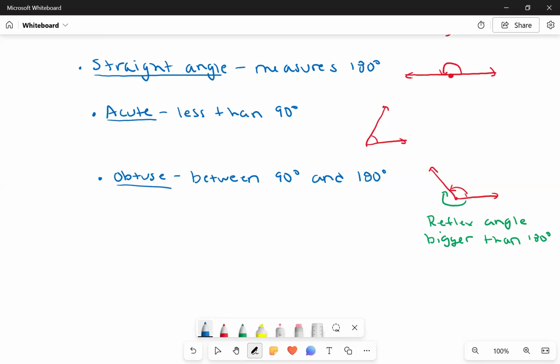Sorry, I'm making you erase. I apologize. Okay, adjacent angles. Adjacent angles are angles that share a common side. So a way of saying that is they're right next to each other.